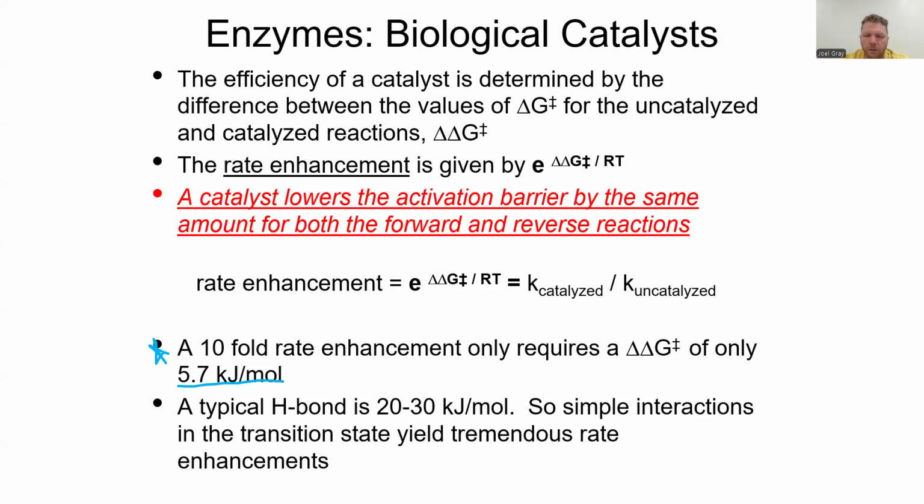But here's where it comes into play. A typical hydrogen bond is 20 to 30 kilojoules per mole. So that's the strength of a hydrogen bond. What this means is that a simple interaction in the transition state yields a tremendous rate enhancement.